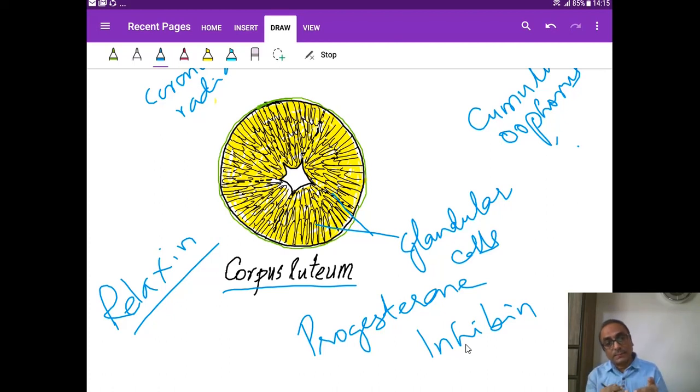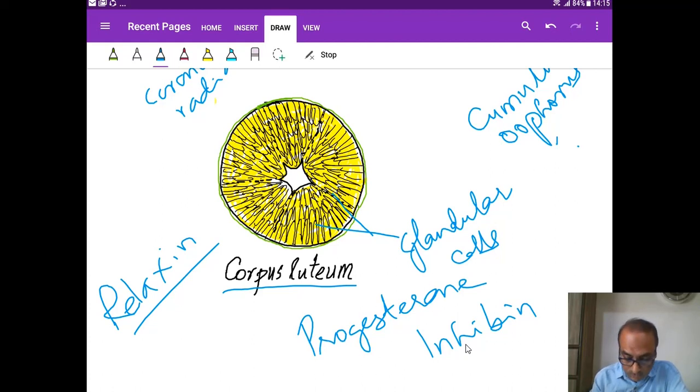Also you know that the pubic symphysis, the joining of the two pubic bones in front, has a ligament in between them, and that will be loosened by the effect of relaxin, so that the two half parts of the pelvic girdle will move away a little bit, and the birth canal is widened. So that is how relaxin functions, and that also comes from the corpus luteum, just prior to the parturition or delivery of the child.